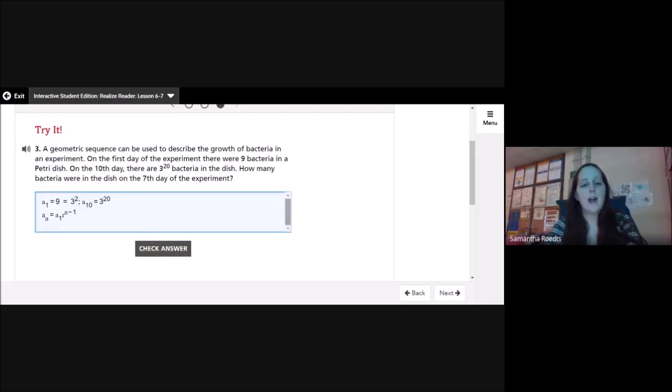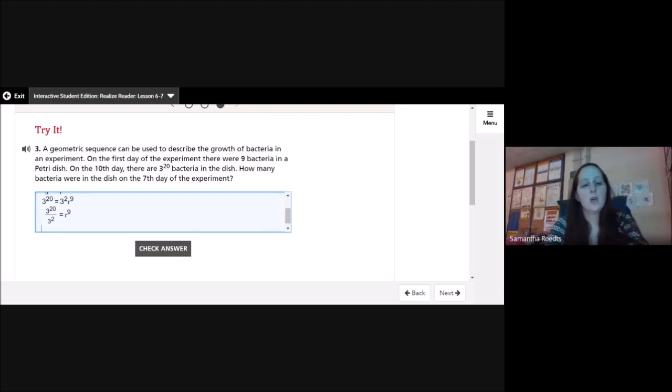Okay, so if I have 3 to the 20th equals 3 squared times r to the 9th, I divide: 3 to the 20th divided by 3 squared equals r to the 9th.